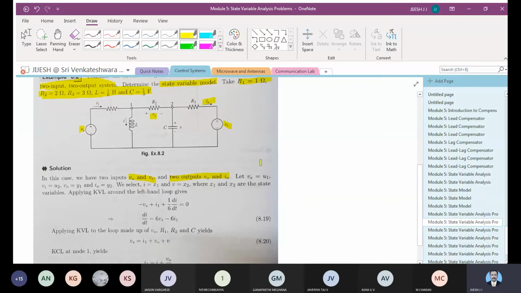We have to define the inputs and outputs. I am going to define Vs as u1 and Vi as u2. Outputs you have V0 and I0, so V0 is equal to y1 and I0 is equal to y2.